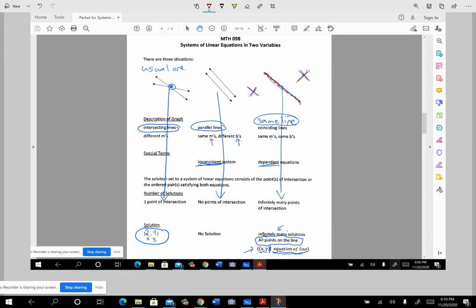This guy's not. So the idea is you're going to have a system of equations, and they might be parallel or coinciding, but you kind of assume they're intersecting, and you use an algebraic process to try to find that point of intersection. So that's where we're going in the next video.